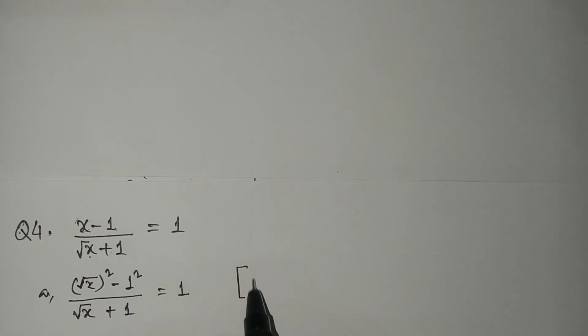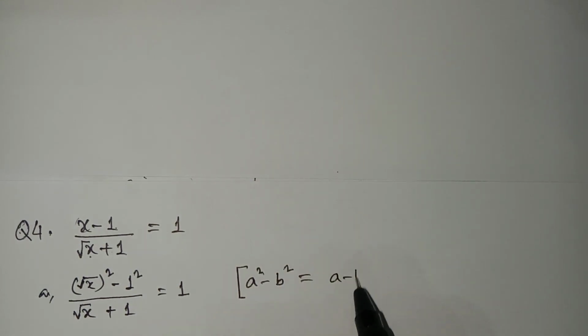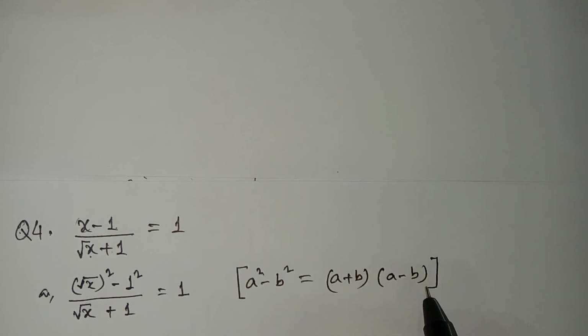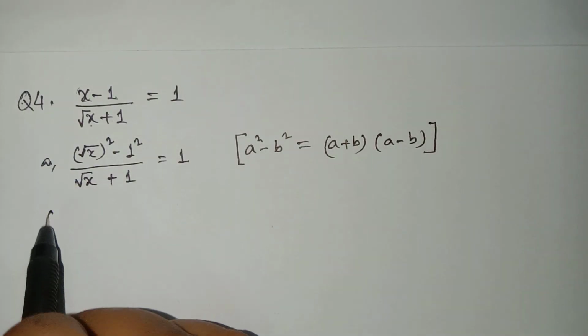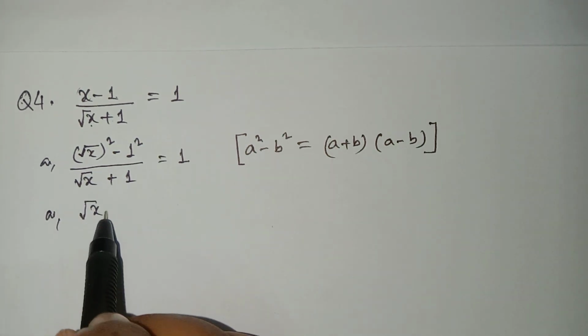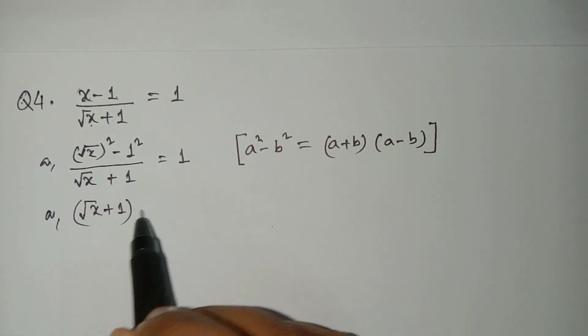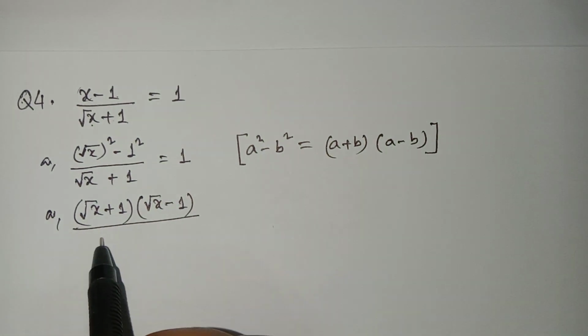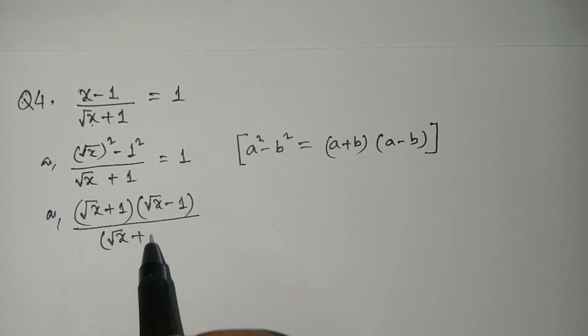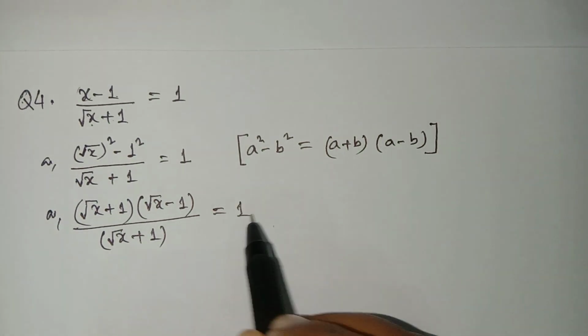And we know that a square minus b square is equal to a plus b times a minus b. So comparing this thing to a square minus b square, I get root under x plus 1 times root under x minus 1 upon root under x plus 1 is equal to 1.